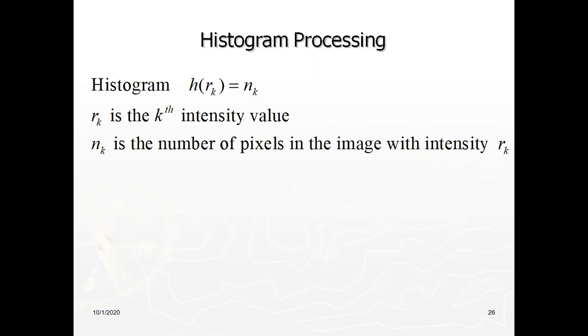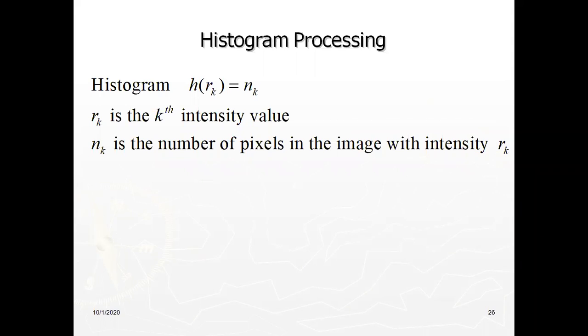How many pixels have 0 intensity? How many have 1, 2, 3, and so on, till how many pixels have 255 as the intensity value, if the intensity is represented by an 8-bit value. That gives us the histogram.